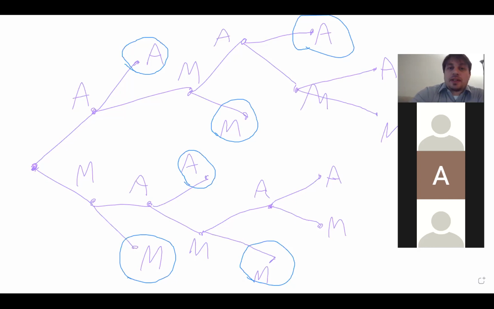Okay, so now let's see what happens. So here, Alice has won a total of 3 times, so the tree ends. Here, Mary has won a total of 3 times, so the tree ends. Here, Alice has won 3, and Alice has won 2 in a row right at this instant, and not earlier.